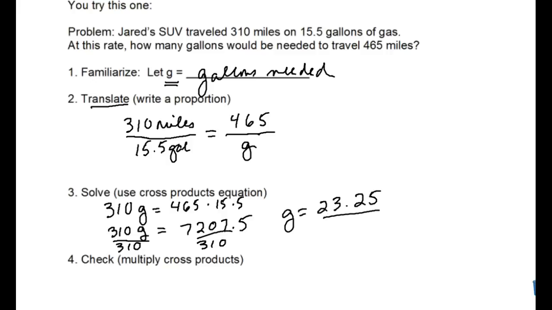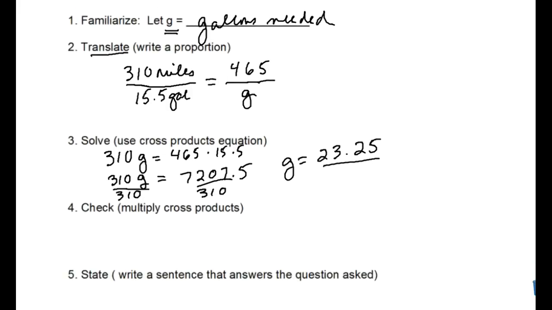We can check by doing our cross products again. I have 310 over 15.5 and 465 over 23.25. We've already found that the 465 times 15.5 side is 7207.5. So take your calculator and do 23.25 multiplied by 310.